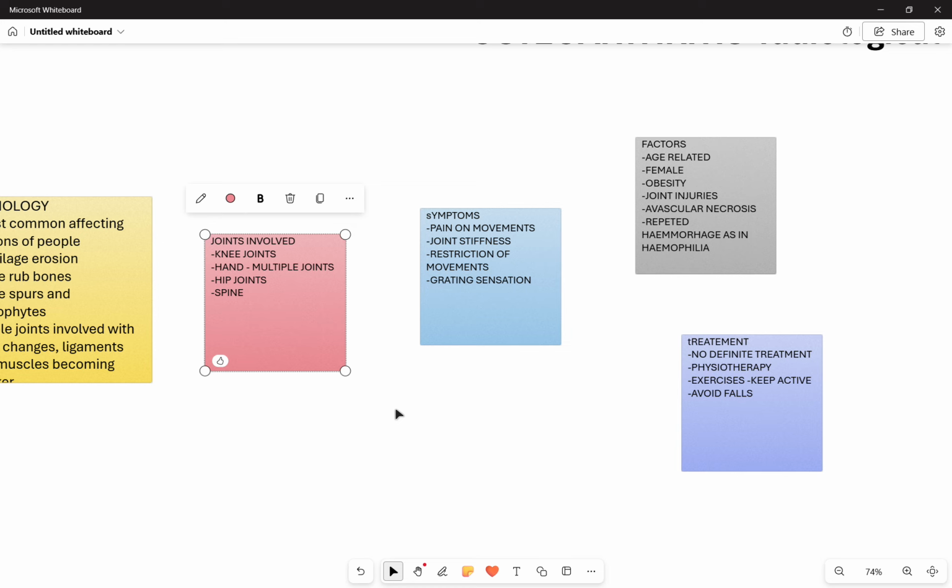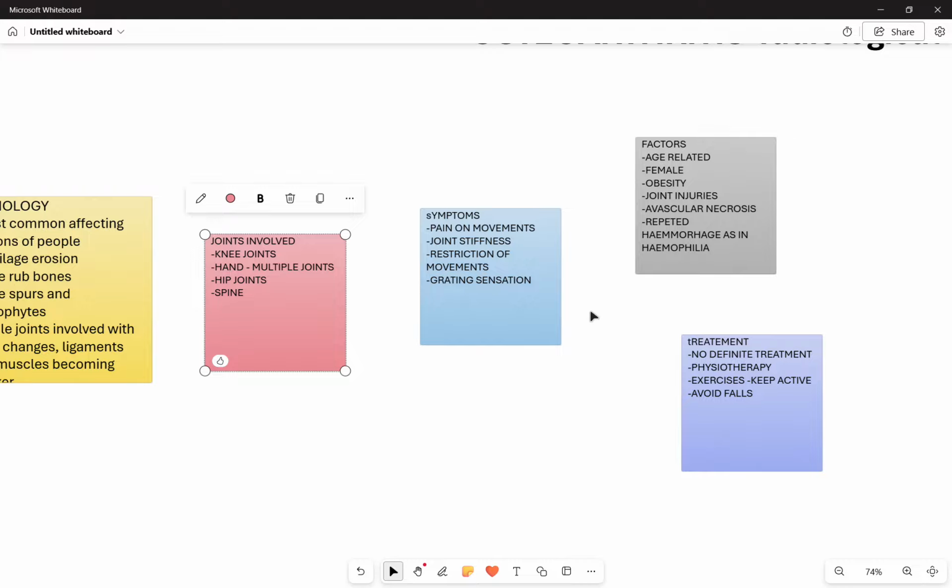The symptoms which are usually there are pain, particularly on movements of the joint. There is joint stiffness and restriction of the movements, limitation of extension, flexion, and so on. And there may be a grating sensation on moving the joints. The factors which are related are usually age-related factors, as it usually occurs after the age of 50 years. Somehow females are more affected than males.